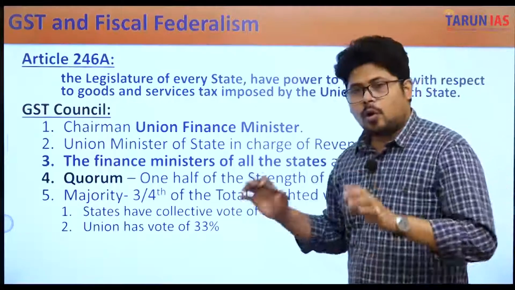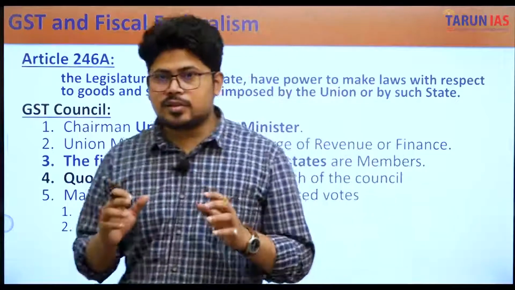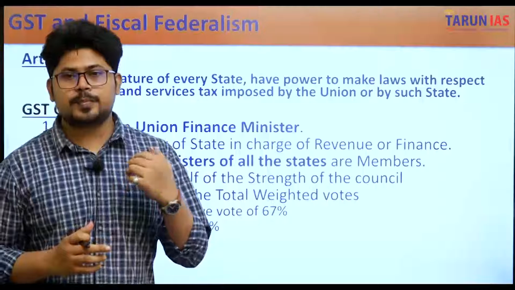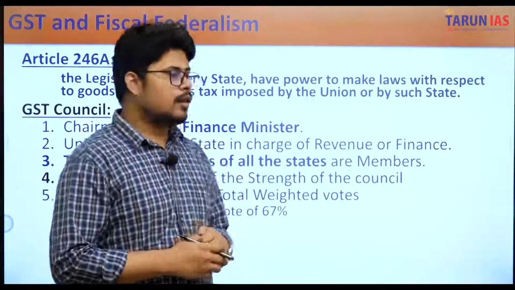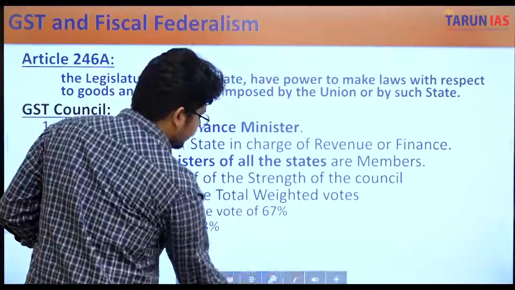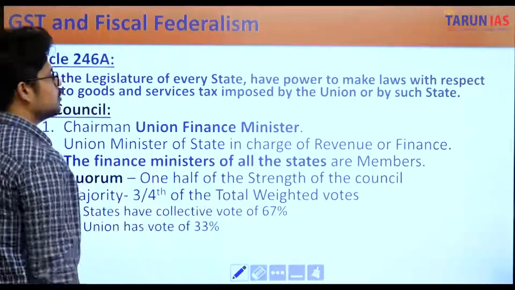Now all the decisions within the GST Council are taken by a special kind of majority. It is important to understand what kind of decision making is being done in the GST Council.